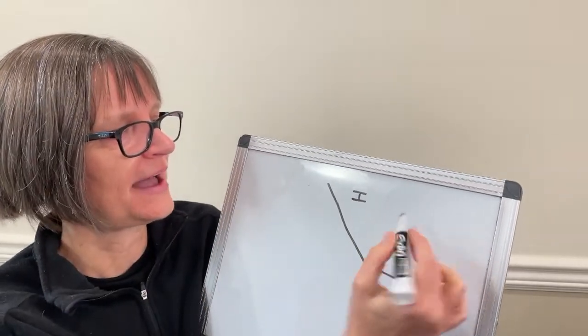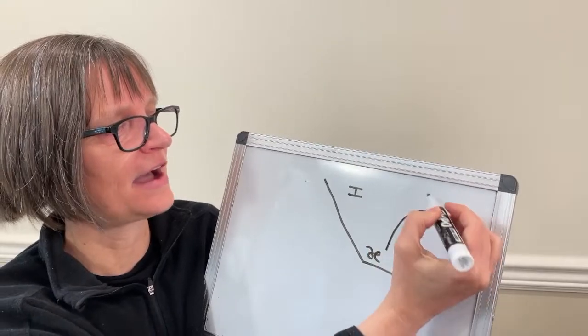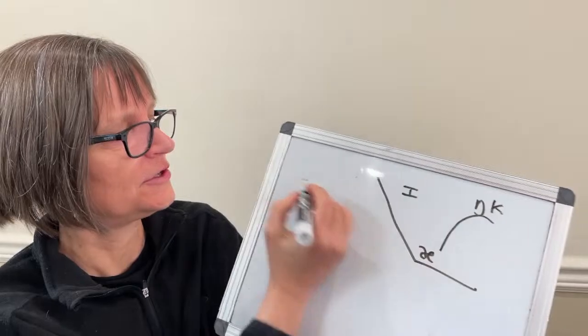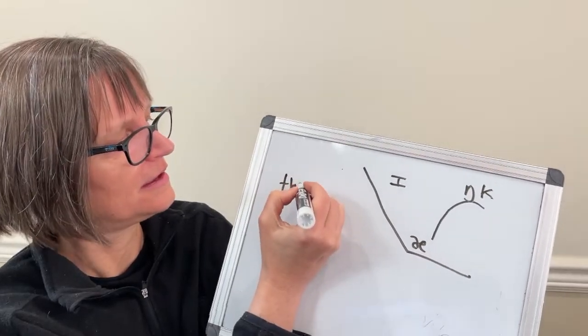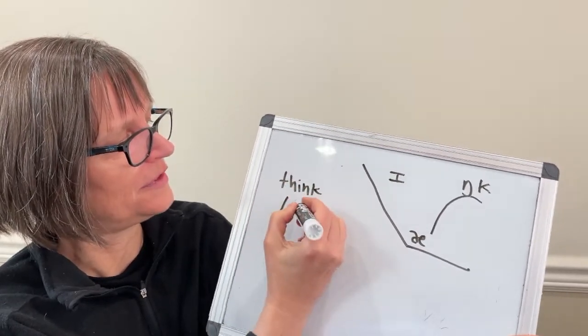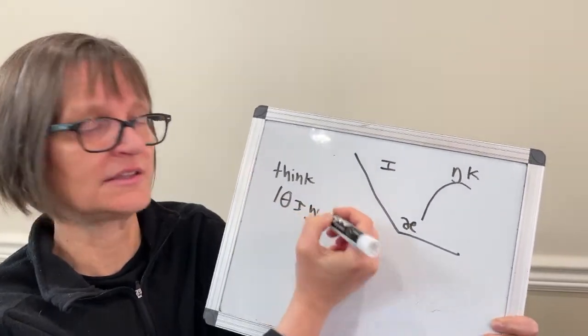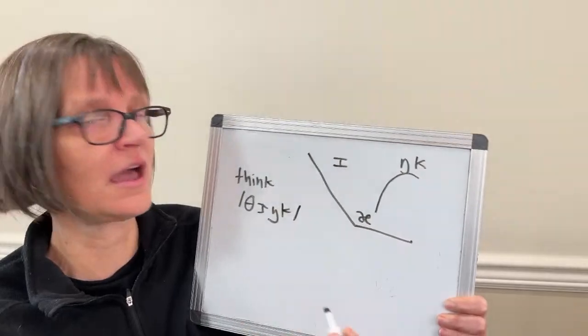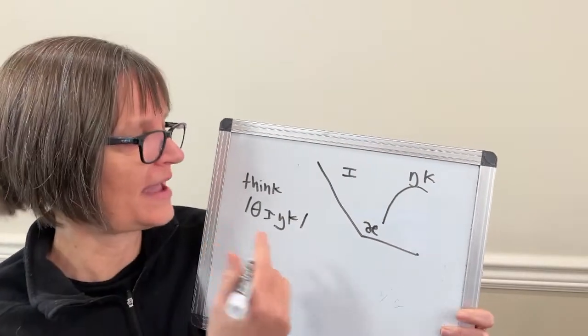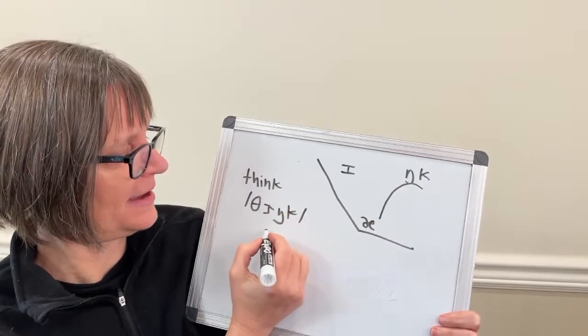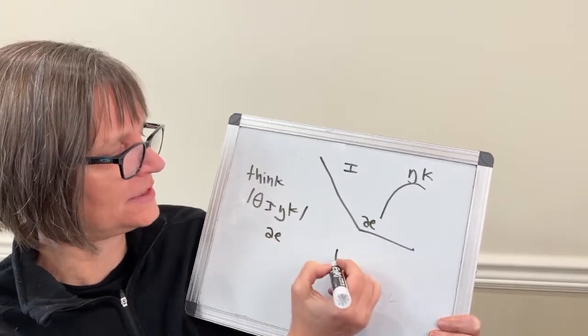But they also have the tongue lifting in the back for the NG sound and the K sound. So in think, you're going to have it with the th sound, the I sound, the NG sound, and the k sound, think. And thank, you're going to have the same pattern but with the A sound.